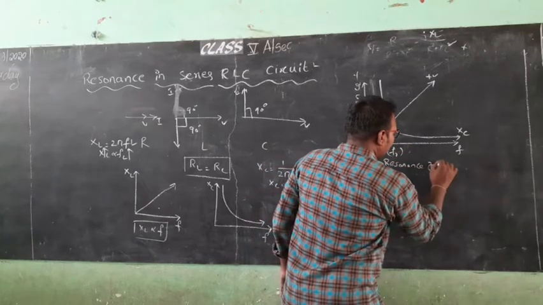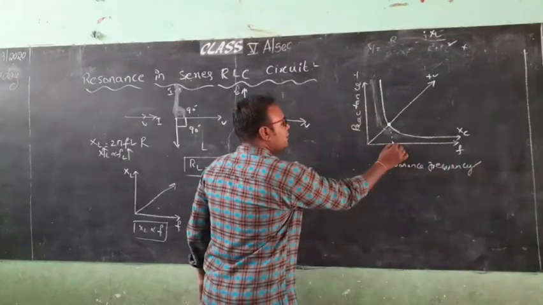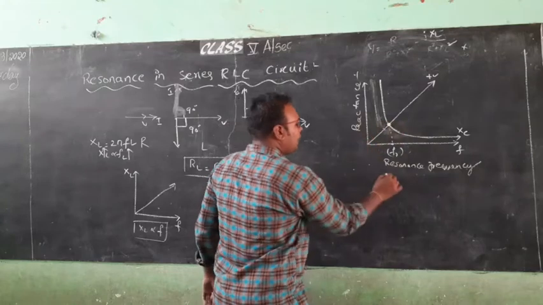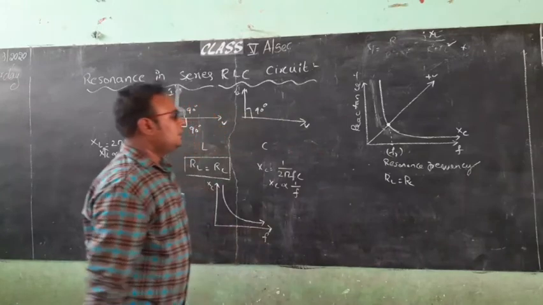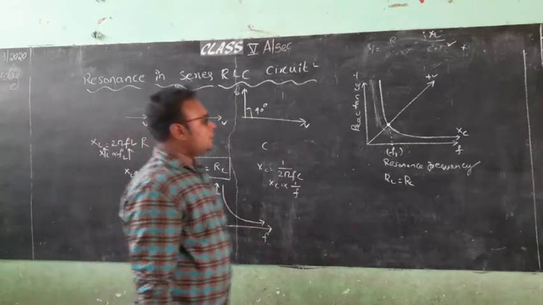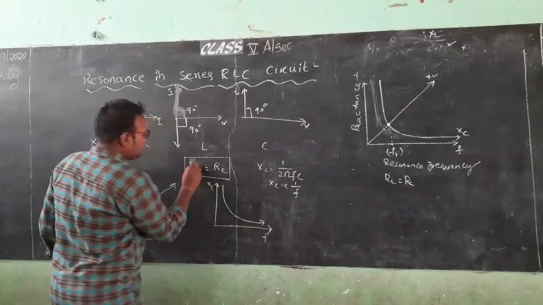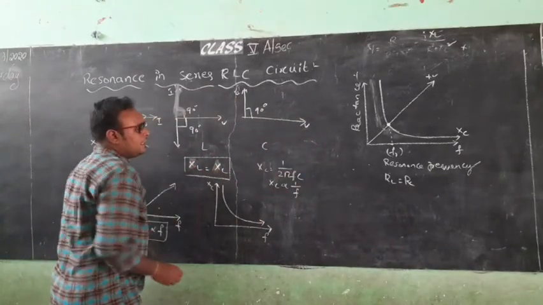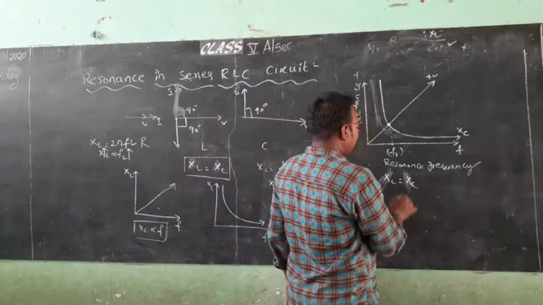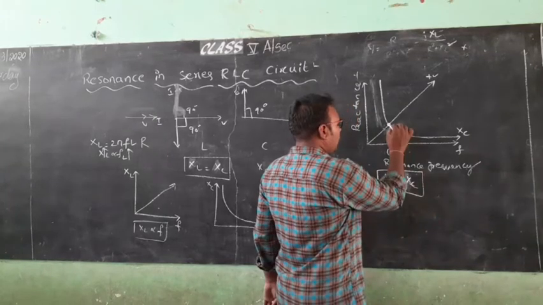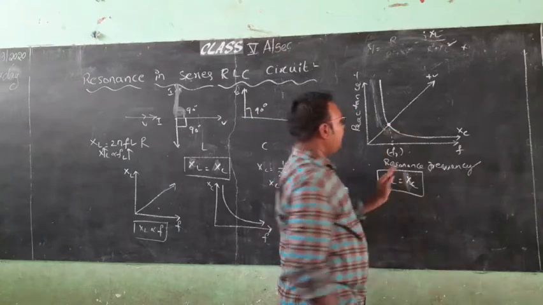Resonance frequency is the frequency at which XL equals XC.